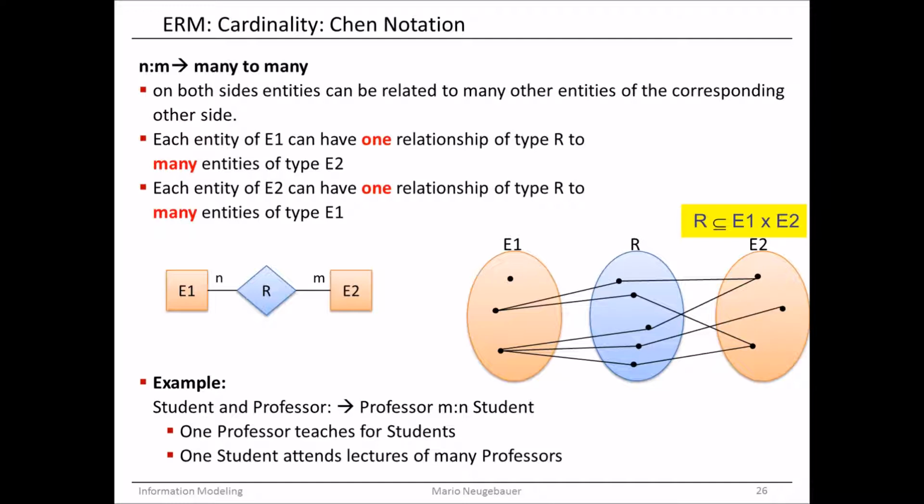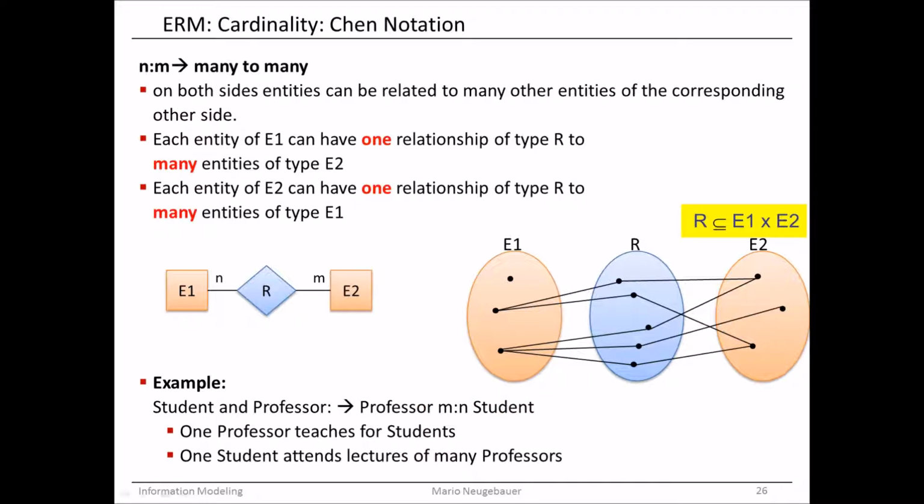Again, there's an example. The example is based on the model we discussed before. We have students and professors who somehow examine or teach students. So a professor teaches many students, and a student is not only taught by one professor, but by many professors.